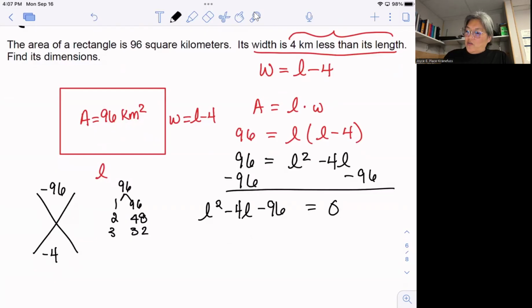Divided by 4, 4 and 24. 5 doesn't work. Let's see if 6 works. 6 and 16. 7 does not. 8 works 12 times, and there we go, because negative 12, positive 8 would solve it for us.